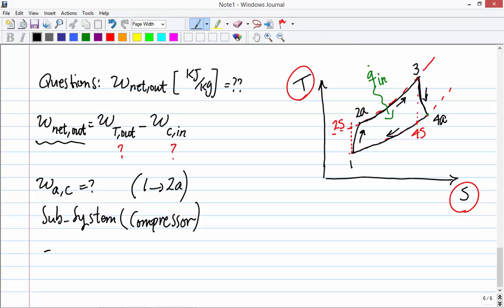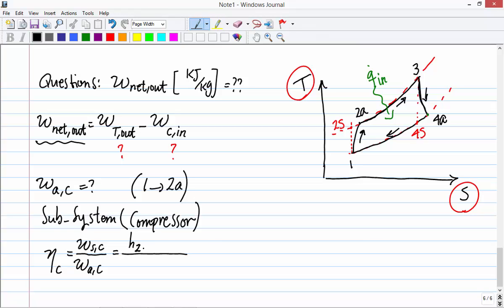I know that the efficiency for the compressor is defined this way: the isentropic work for the compressor divided by the actual work, because the actual is more than the isentropic ideal case. And here we have H from point 1 to point either 2s or 2a.